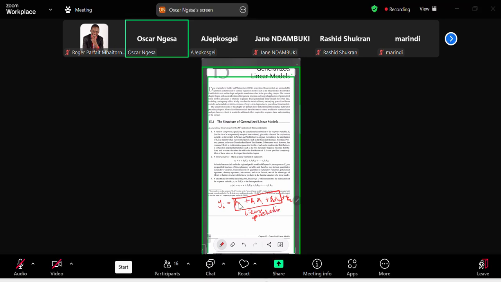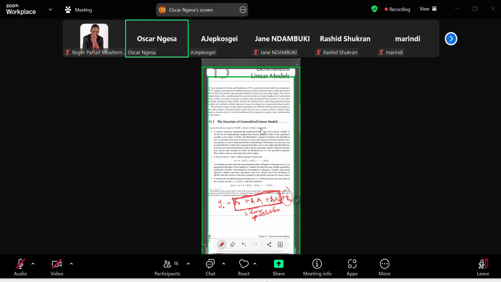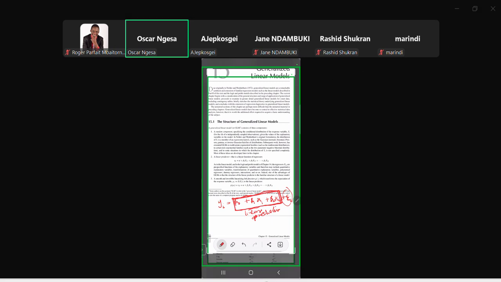Is that okay? Yes. So it does not contain the error term. The linear predictor contains just the beta naught and the betas times the corresponding x values. That is what we call the linear predictor. Is that okay? Yes.